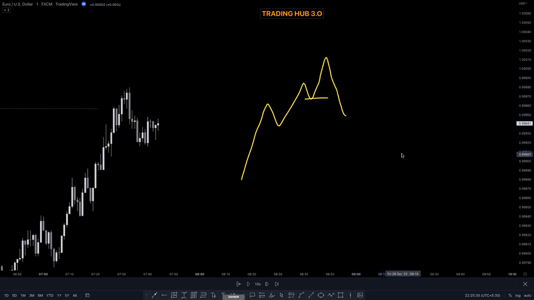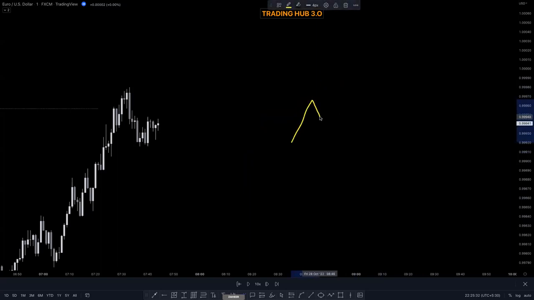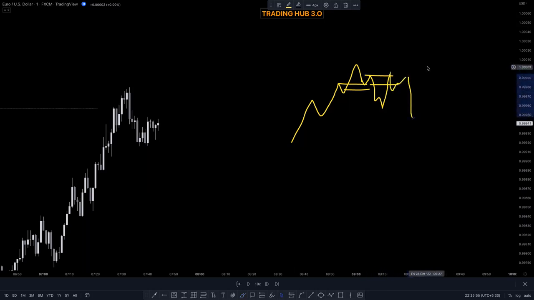Second is here: if the market does not break the structure, simply goes higher, taps this order block, gives a small reaction and pushes downside, we can sell here, and this is called the flip entry model. The flip entry model also needs inducement or a liquidity sweep. If there is no inducement, then you have to wait.